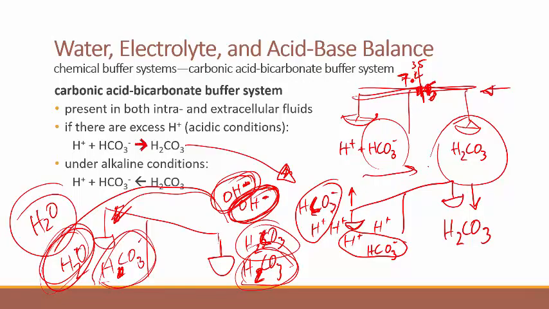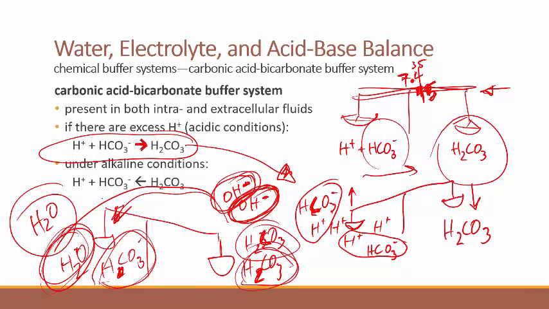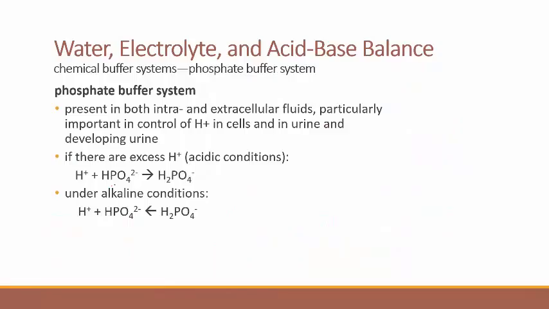So the phosphate buffer system, it's the exact same situation. We just have a different ion that we're working with. So here is monohydrogen phosphate. Over here it's dihydrogen phosphate. So we just do the exact same thing that we talked about with the bicarbonate carbonic acid buffer system.